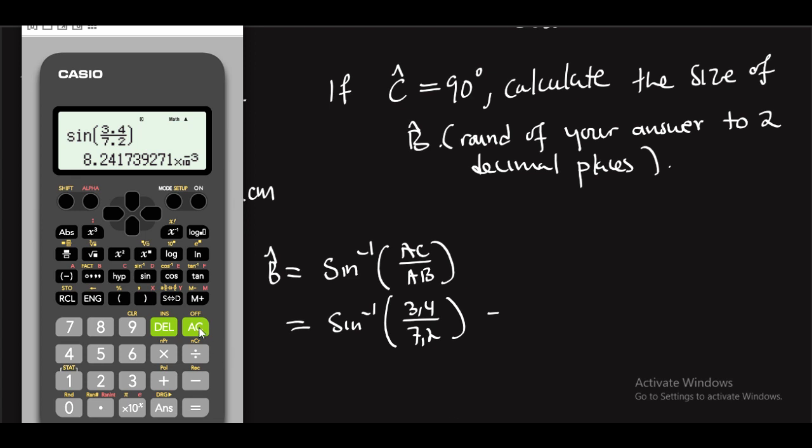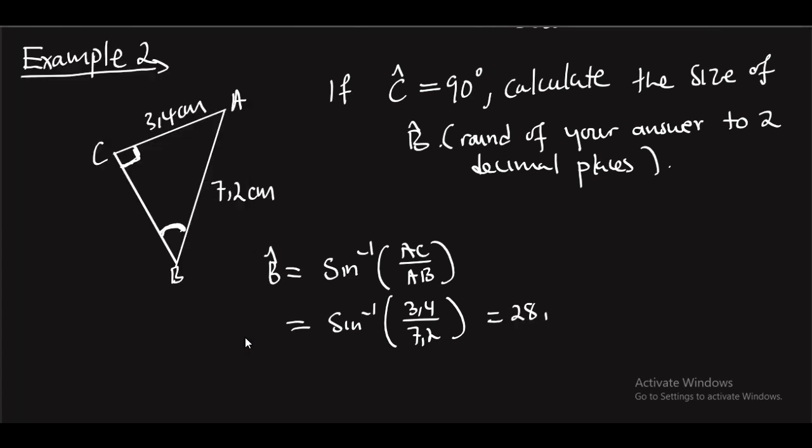Oh man, I pressed sine, I should have pressed arc sine. Okay, arc sine of 3.4 divided by 7.2. It says that the angle is 28.18 degrees. 28.18 degrees.